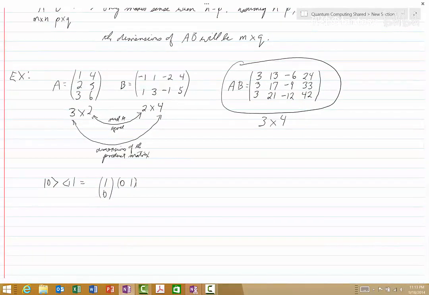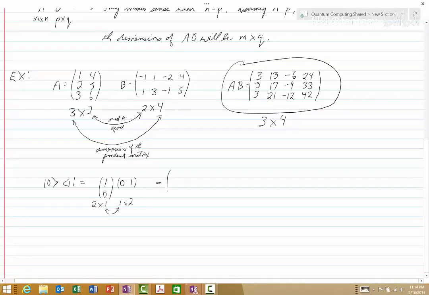Now let's make sure the dimensions are okay to even perform this multiplication. The first matrix we have here has 2 rows and 1 column, and the second matrix has 1 row and 2 columns. Since these match, this is a well-defined multiplication, and our result should be a 2 by 2 matrix.